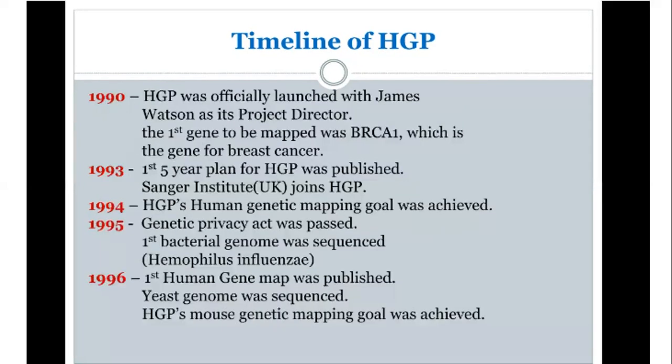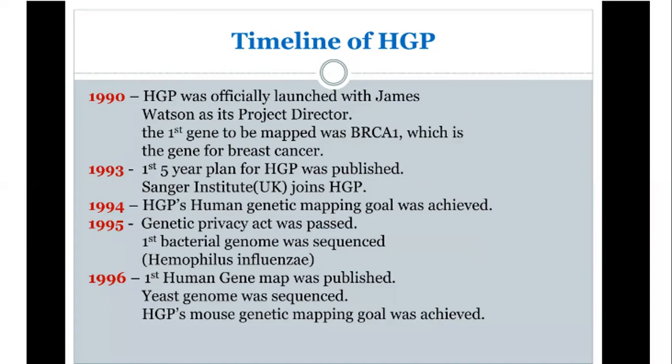Then in 1990, the Human Genome Project was officially launched with James Watson as its project director. You are familiar with James Watson because Watson and Crick both proposed the model of DNA, which is double helical DNA.